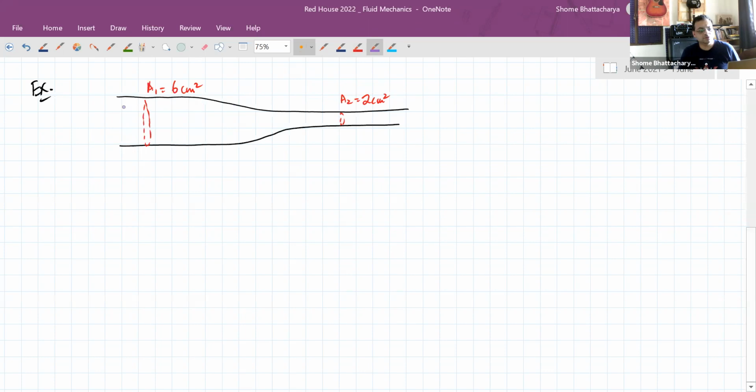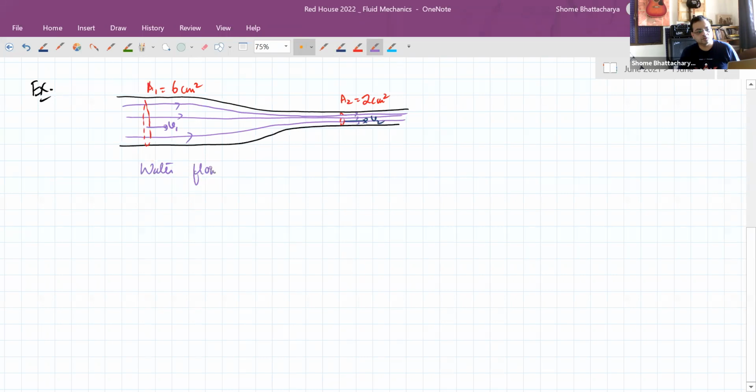Now, if a liquid is flowing through like this, the flow velocity is v1 here and v2 over here.